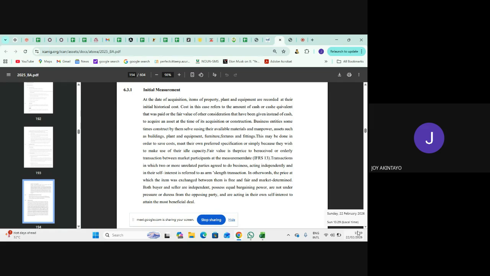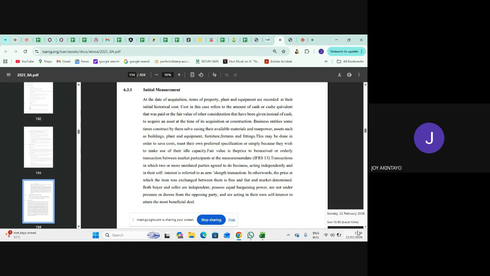Now, what do we mean by fair value? Fair value is the price to be received in an orderly transaction. It is the price we actually received in an orderly transaction between participants at the measurement date.